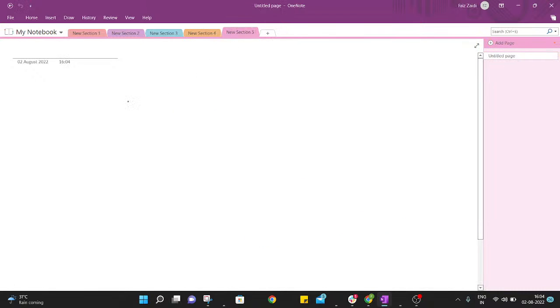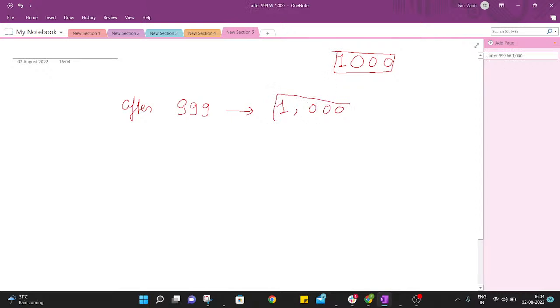Now after 999, we get a comma at the 1000 number. So why are we getting this comma? We can basically write this number like this, but it is much easier for us to read if we write it like this.